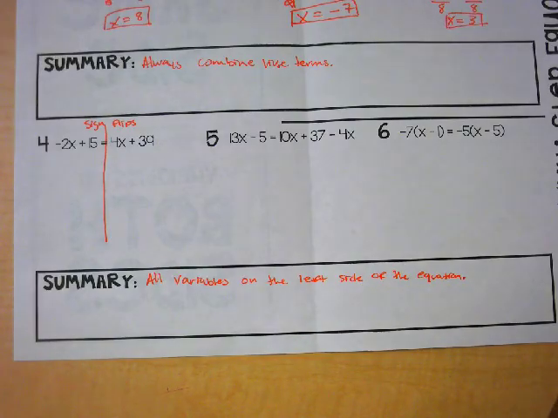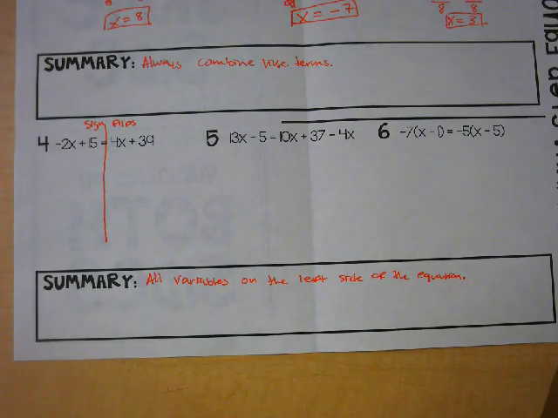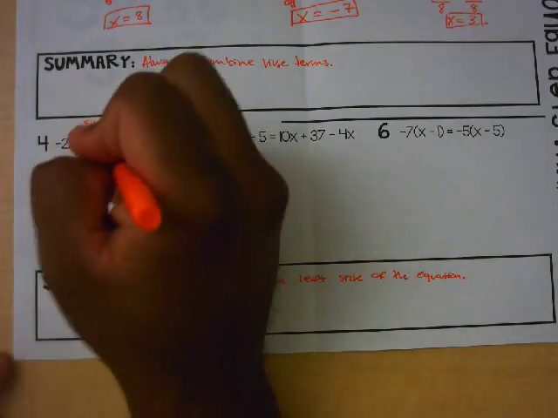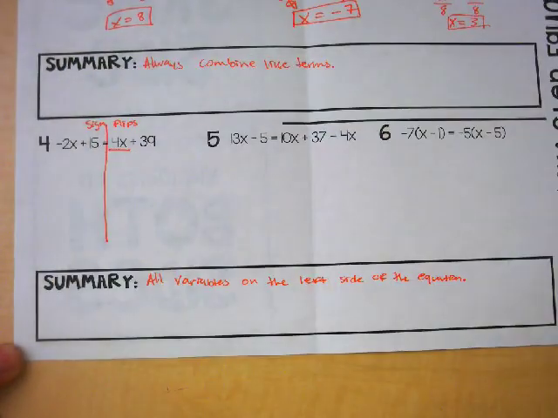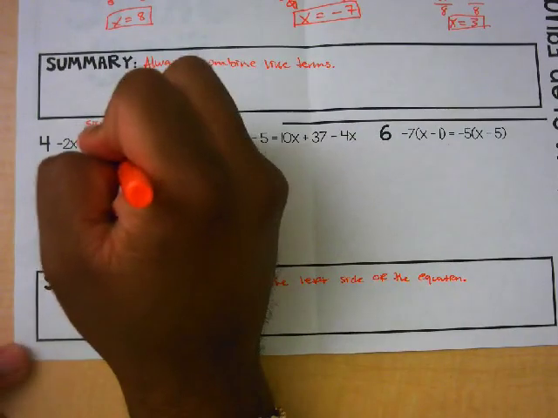So you want to get all of the x's to your left. You want your x's to the left, right? And so what that means is that over here on the right side, I have this 4x. I want this 4x to go to the left.